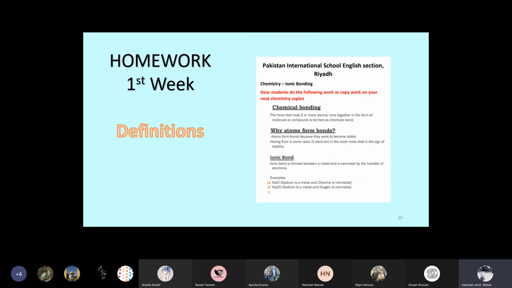The next one is your homework. Your homework for this week is this page. This is only one page, and today, after going home, I will upload it on OneNote. Teacher, do we have to write this in our copy? Yes, in your copy.